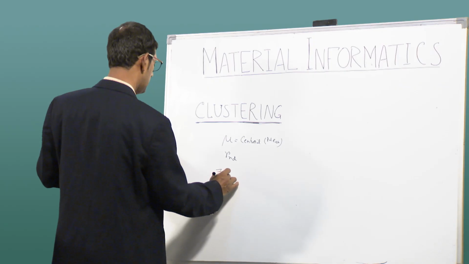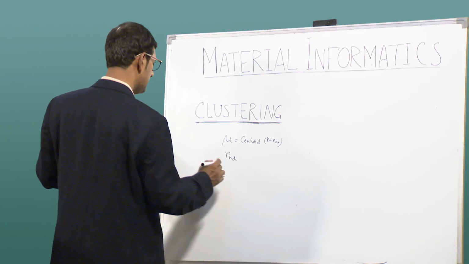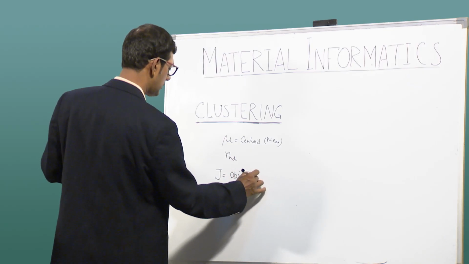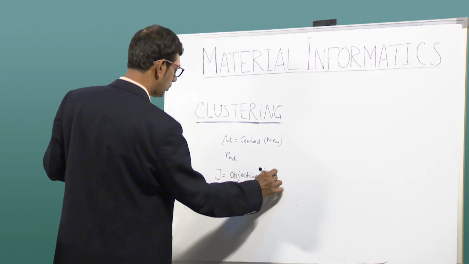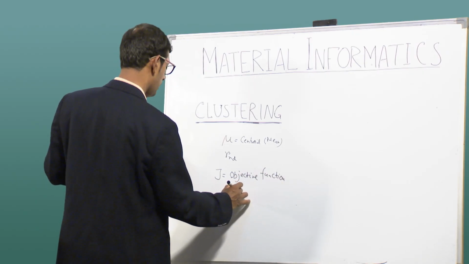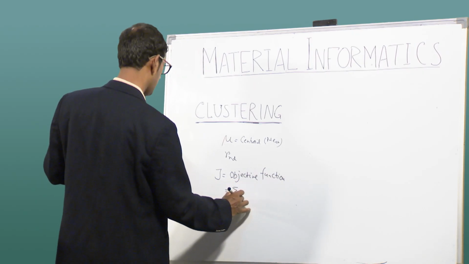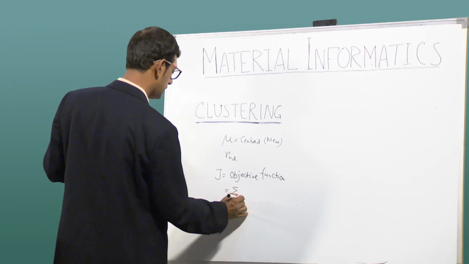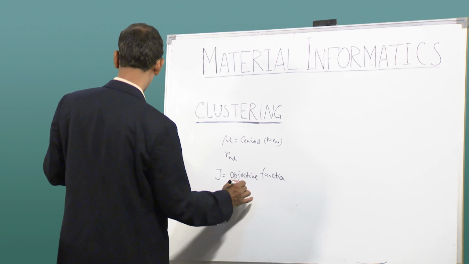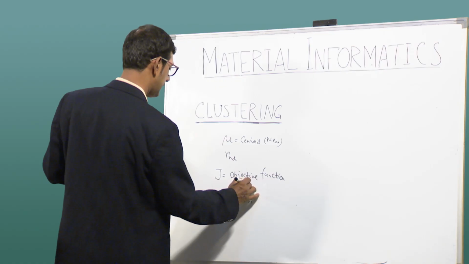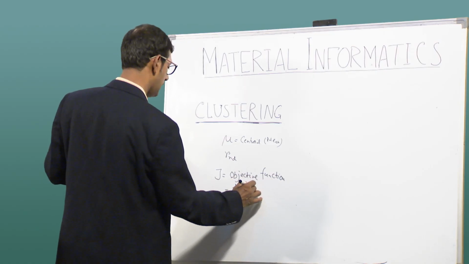The J is what is called the objective function in k-means. What is the objective function? It is basically the sum over n going from 1 to capital N, and k going from 1 to K, of r n k.